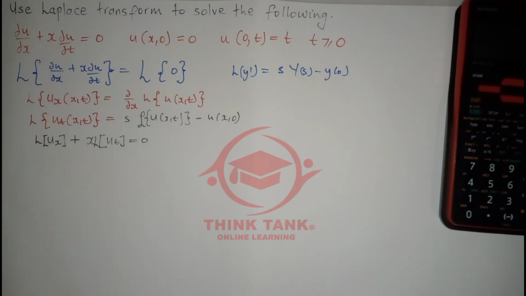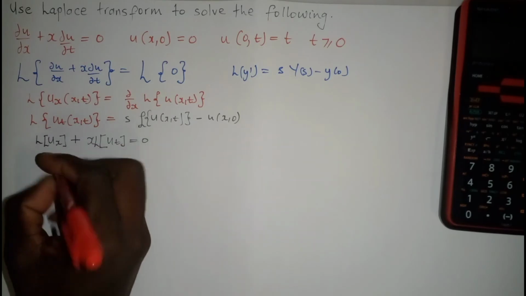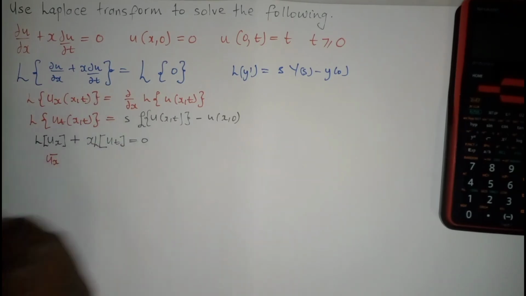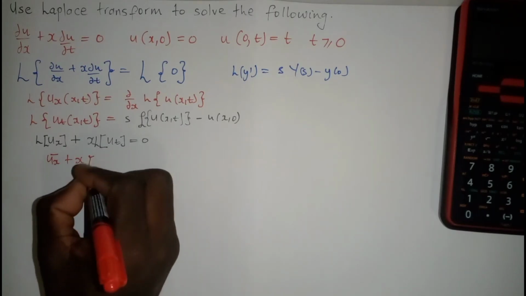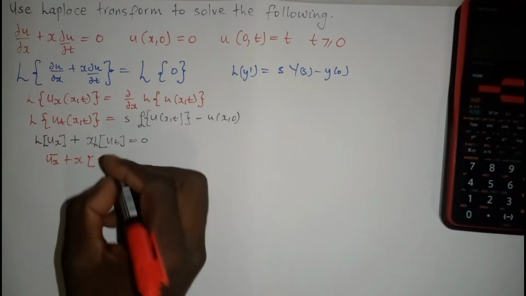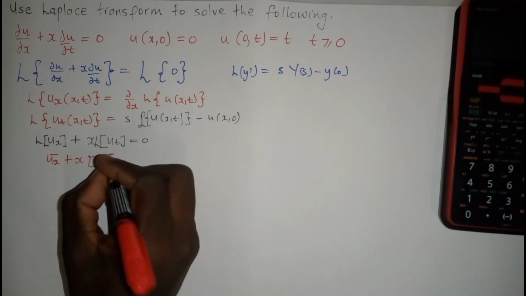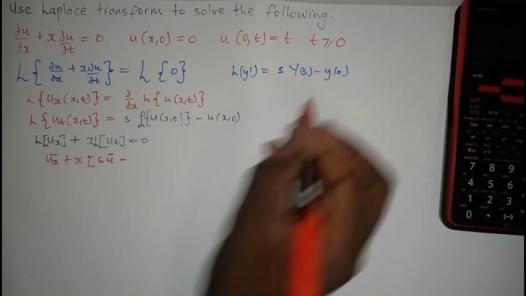Now for the Laplace transform of this derivative, let's just call it ux bar, plus x times sY(s), that is the function, we're going to call it u bar, minus y(0), which is u(x,0).